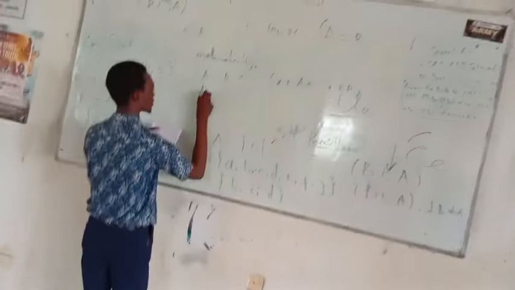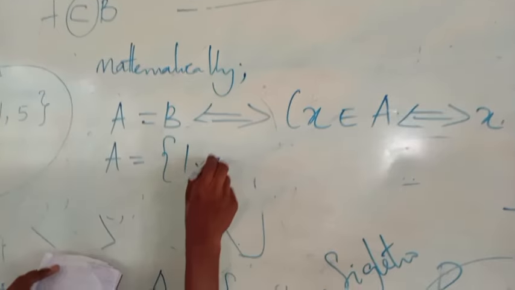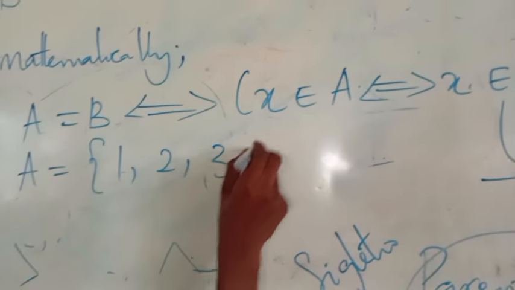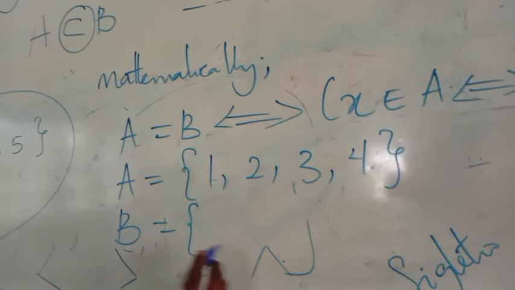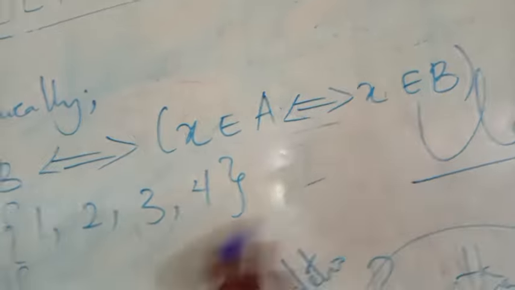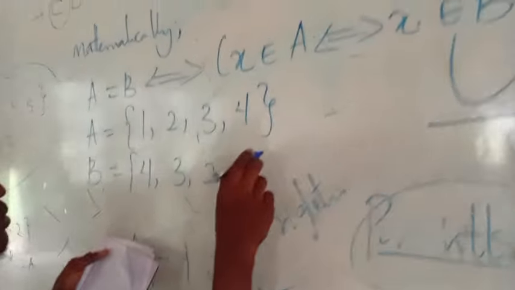If you have set A to be 1, 2, 3, 4, and set B to be 4, 3, 2, and 1.